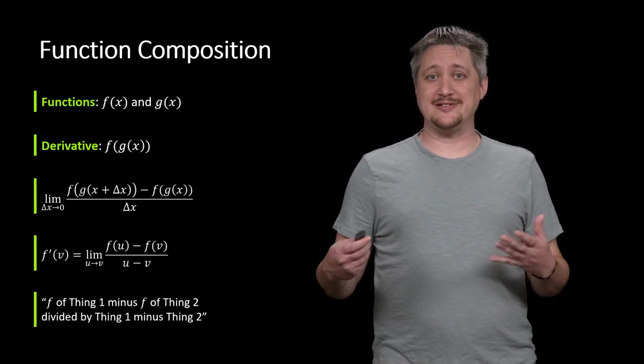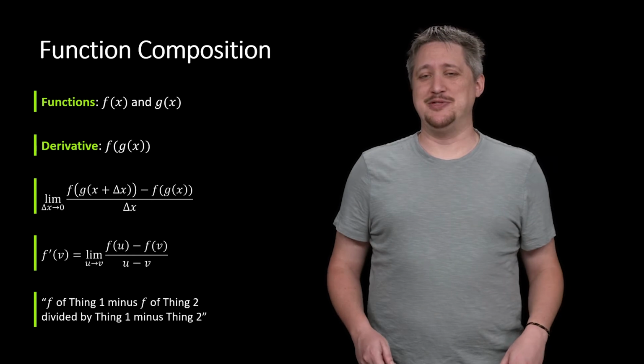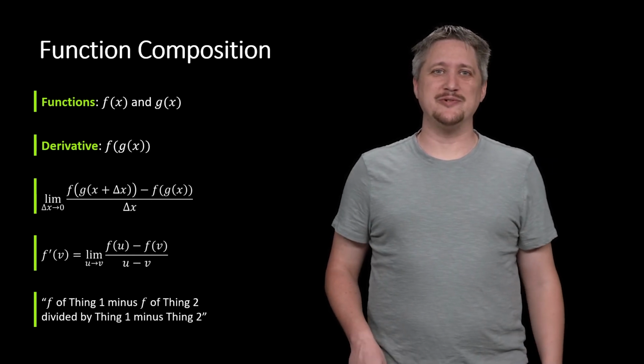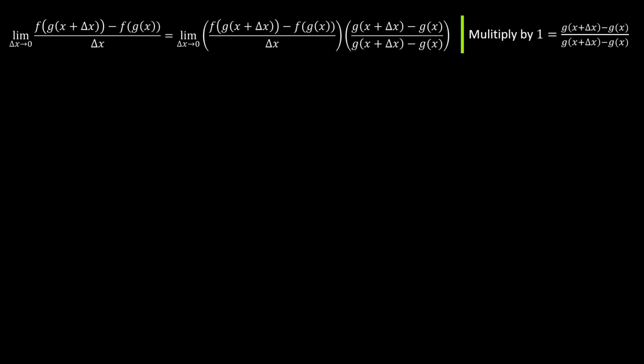So with that, let's tackle the alphabet soup that is the algebra involved in this rule. So starting with our basic difference quotient, right? This f of g of x plus delta x minus this f of g of x. I'm going to take that same thing, but I'm going to multiply by 1 cleverly. So in particular, I'm going to use this g of x plus delta x minus g of x.